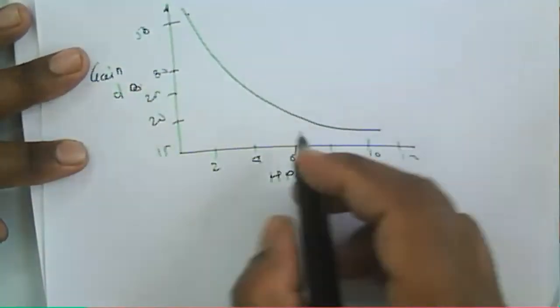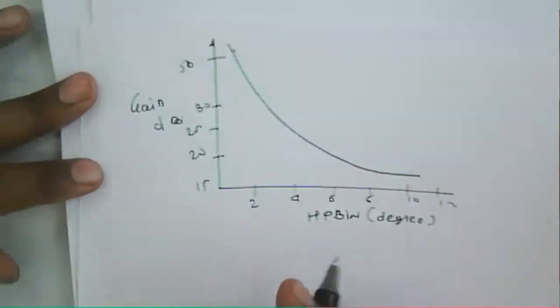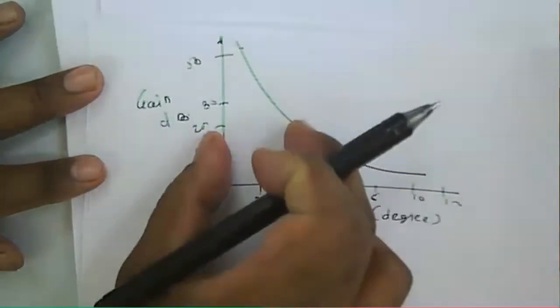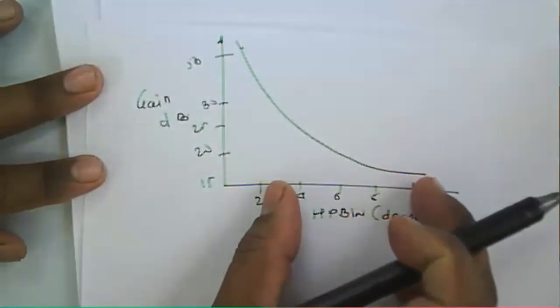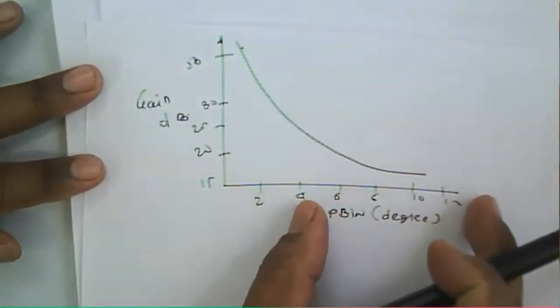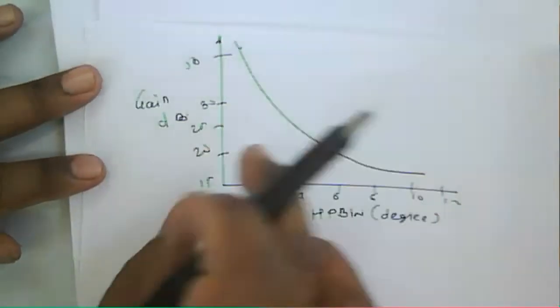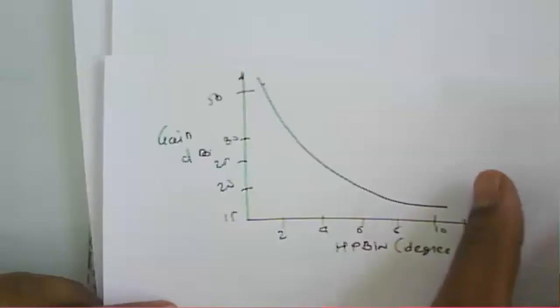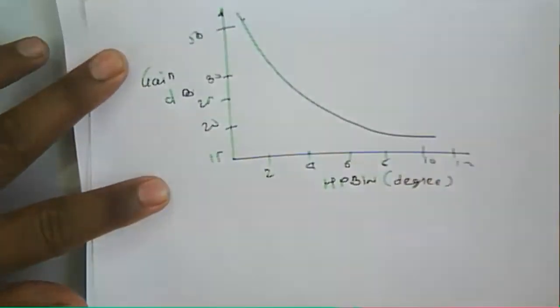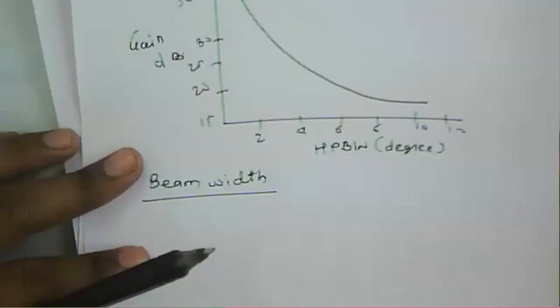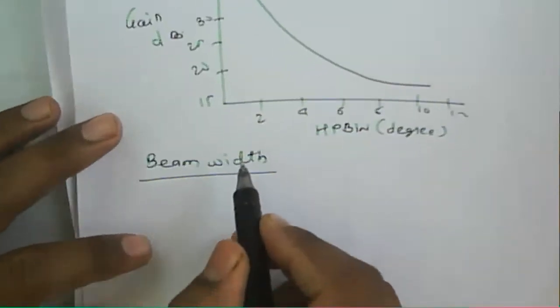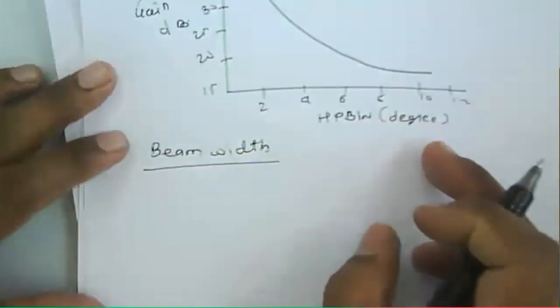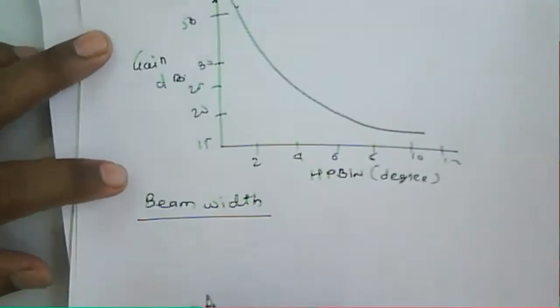So here what happened is that the gain is increased if we use a narrow beam. Gain will be higher, and if the half power beam width is larger, then the gain will be decreased. So we can use the method of a narrow beam, so that the effective isotropic radiated power EIRP will be increasing. So we control the beam width so that we get a higher EIRP.